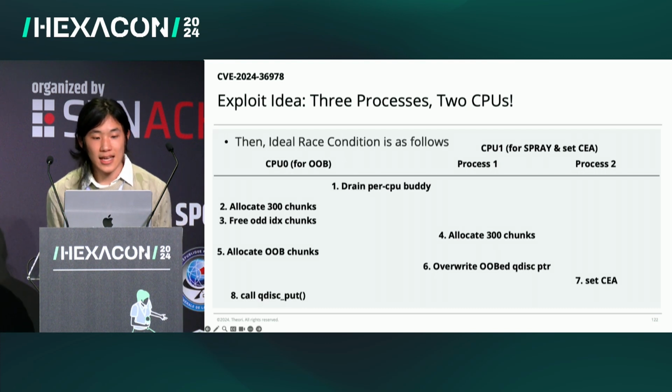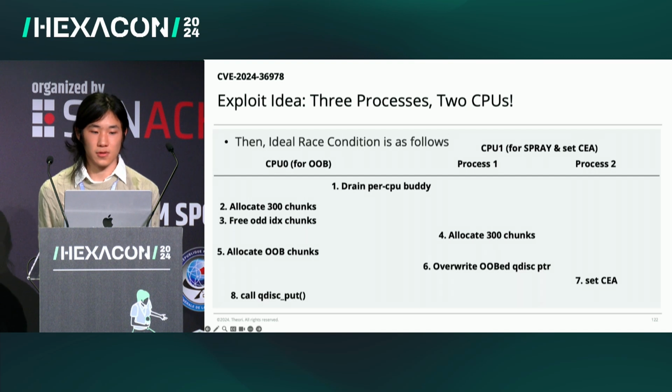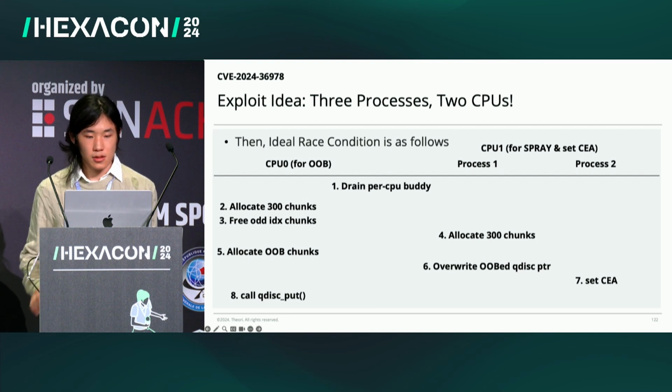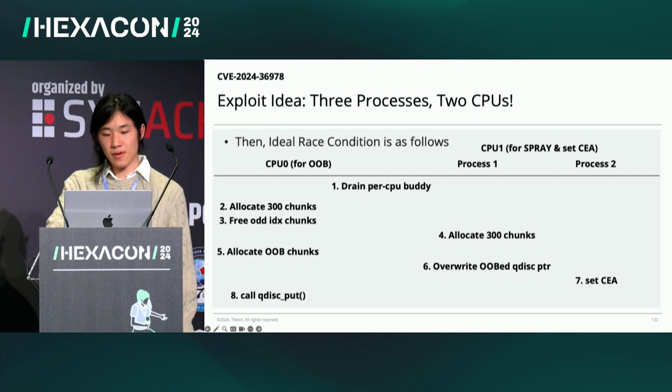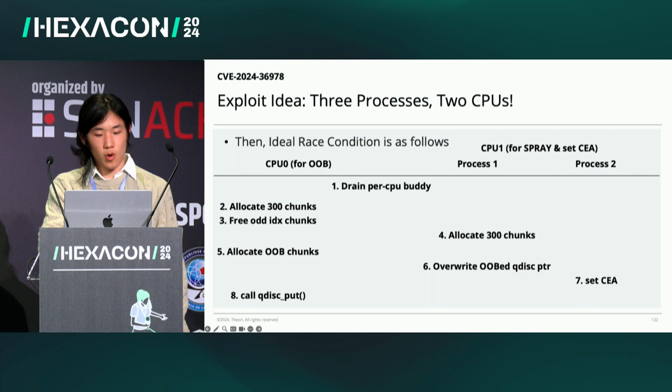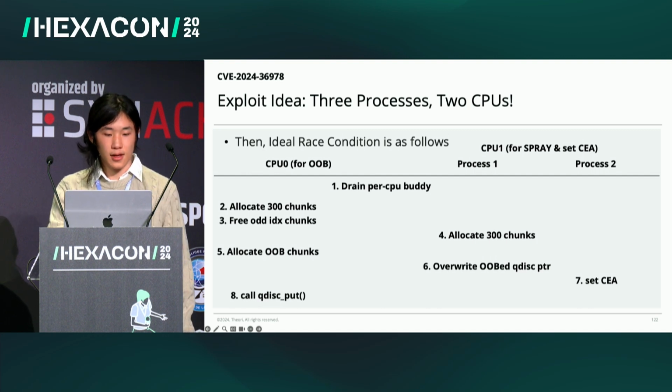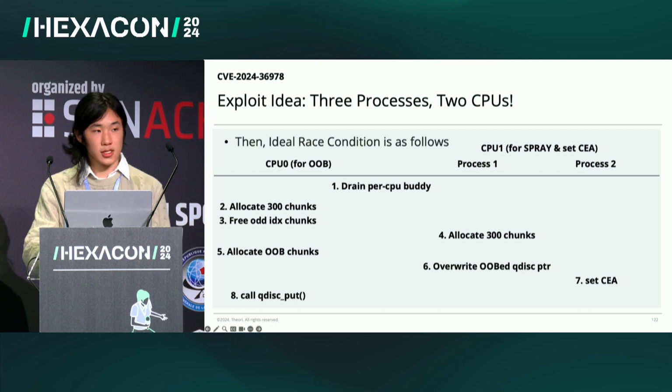Then, this is the ideal race condition as follows. It is the same as 1 to 5 and OOB. Overwrite the OOB qdisc pointer here and just set the CEA. Then we can satisfy all the conditions, so after calling the qdisc put, we can get some control.